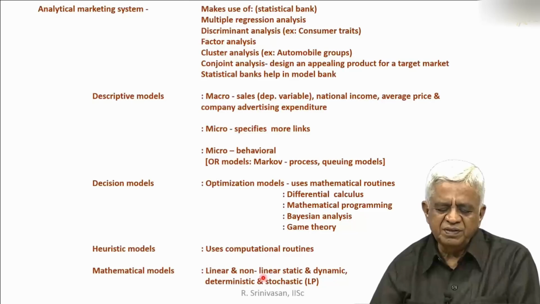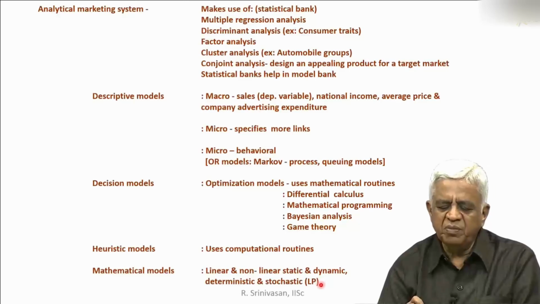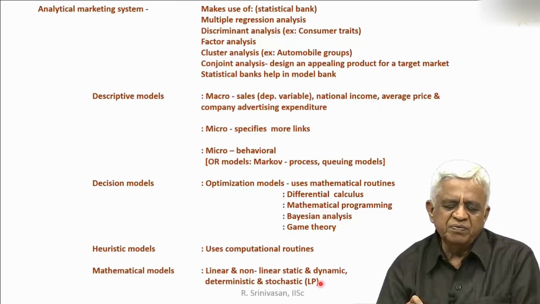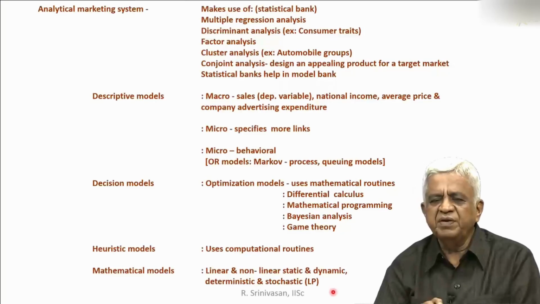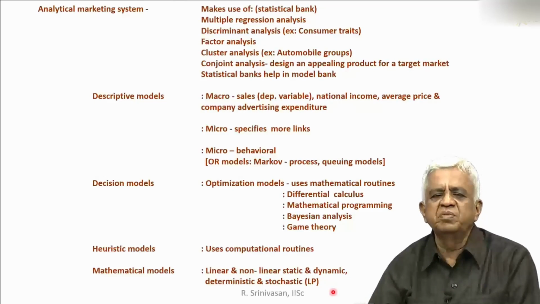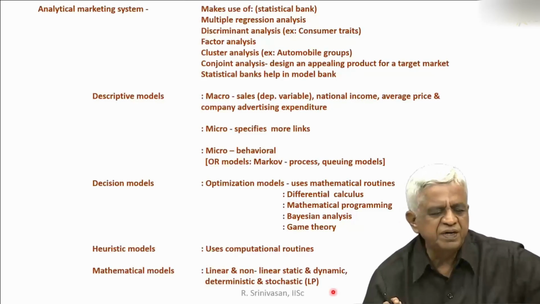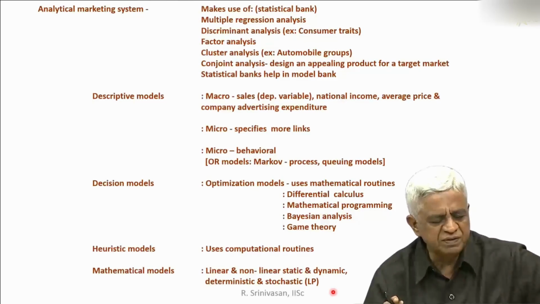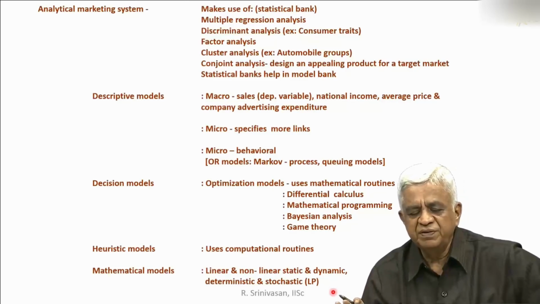When you give all these different probabilities, you are looking at an LP, that is a linear programming model, making use of a stochastic process. That stochastic process makes use of different probabilities to address a situation. So these are the different types of models that you are going to look at in an analytical marketing system.